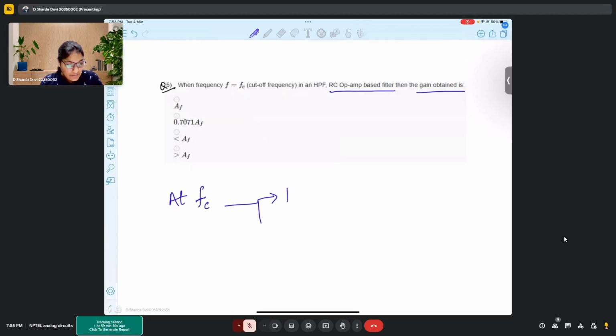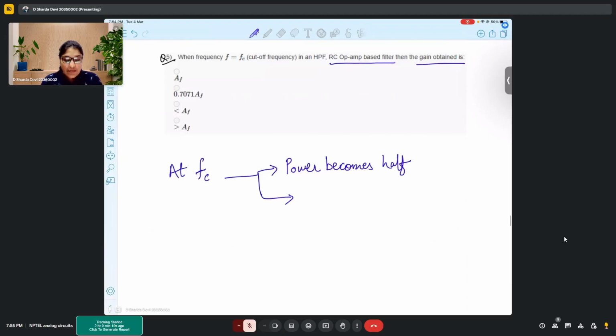First of all, the power becomes half. That's why that cutoff frequency point is also known as the half power point. And we call it the 3 dB point, right? Where does that 3 dB come from?